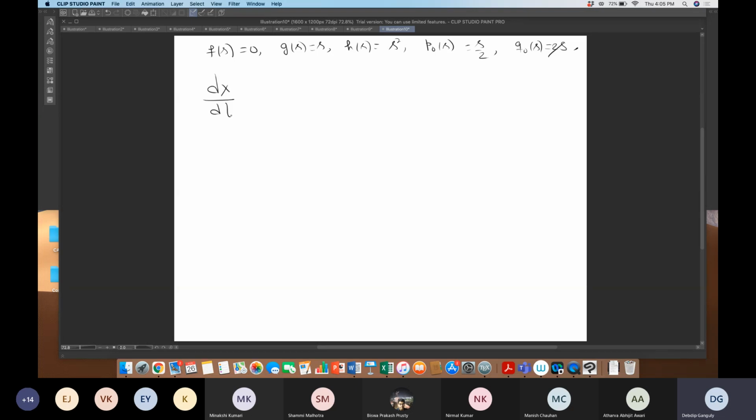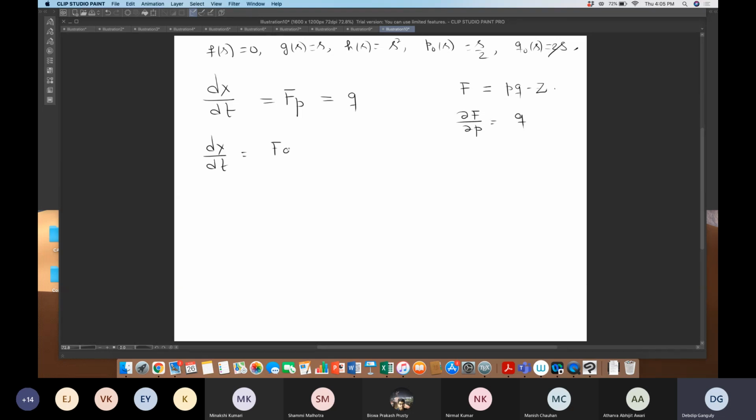Now what is dx by dt? Can anyone tell me? dx by dt equal to fp. What is fp? Q. Because your f is actually nothing but pq minus z. So del f by del p is nothing but q, because x, y, z, p, q are all independent variables. What is dy by dt?